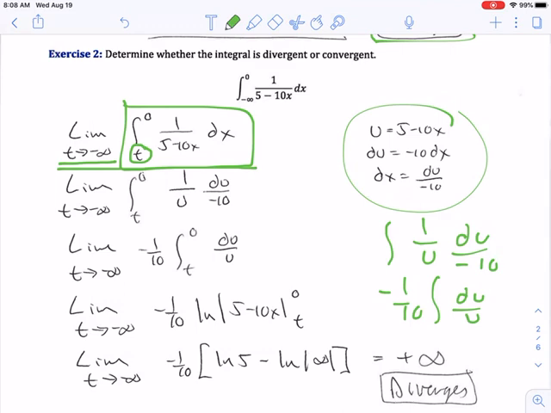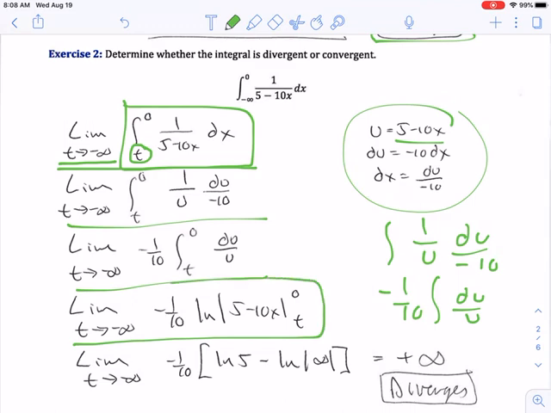All right. So that's what we have. So I go through that here and then to here, and then replacing the u with 5 minus 10x, we end up with this. Okay. So now we want to evaluate our logarithm at 0 and at t. So first of all, when we replace x with 0, we simply get the log of 5.